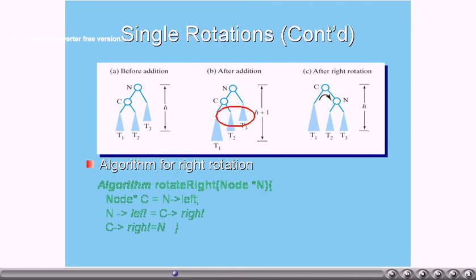If you calculate the BF value, the balancing factor value at C, that is H plus 1 minus H, that becomes 1, that is balanced. Whereas at node N, that is root node, H plus 1 minus (H minus 1) becomes 2.